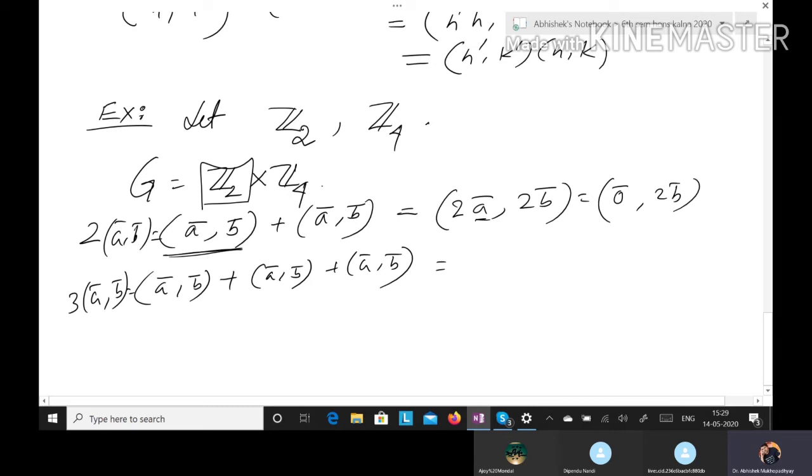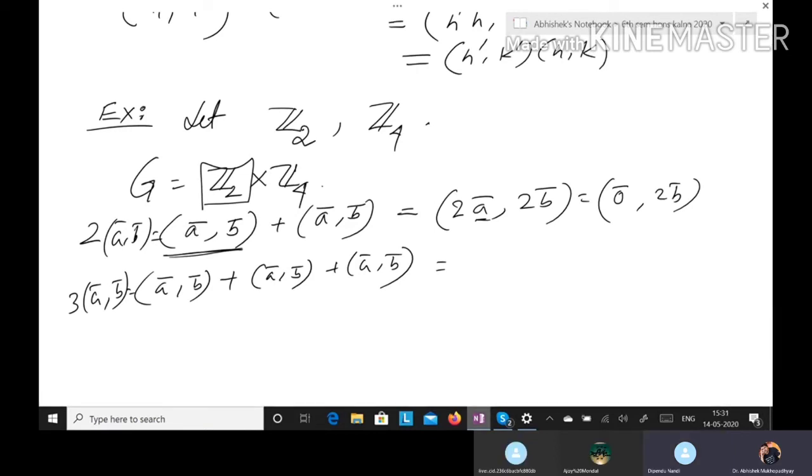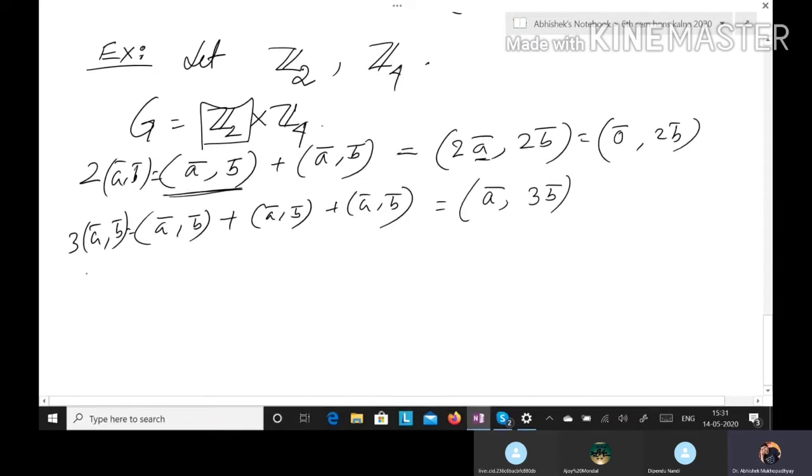So in that case, it is 3([a], [b]), so this would be again [a] plus 3[b]. Now since [b] is in Z4, 3[b] will not be 0.